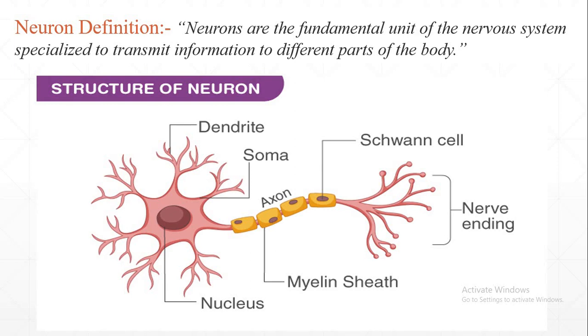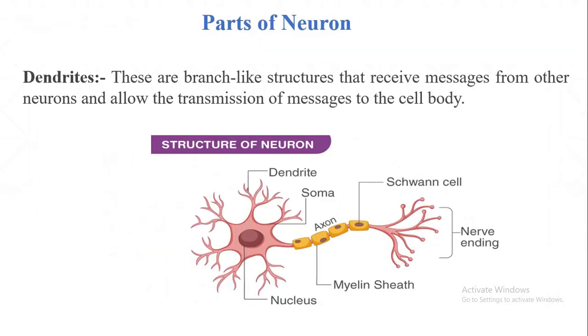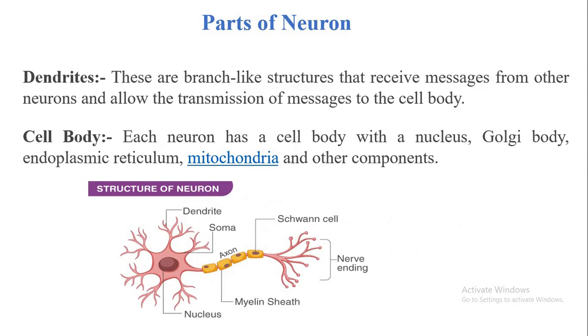That means one thing is clear: this neuron works not only as a carrier, it takes input from the previous neuron and passes the output to the next one. The dendrites are branched structures that receive messages from other neurons and allow transmission of the message to the cell body.